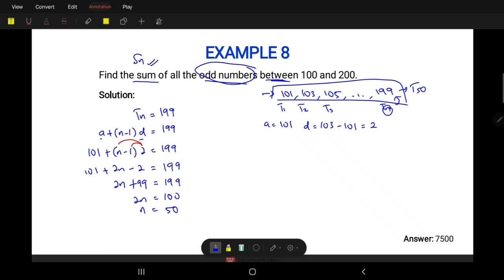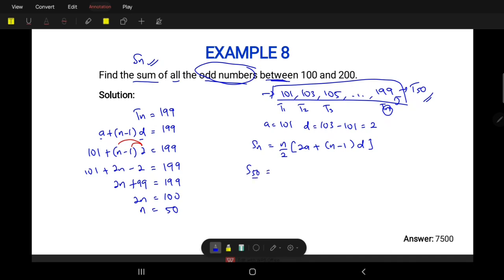So soalan minta apa? The sum of all the odd numbers. That means 50 terms ni. So we need to find Sn equals n over 2, 2a plus n minus 1 d. Dia nak cari all, right? So 50 terms lah. So S50.